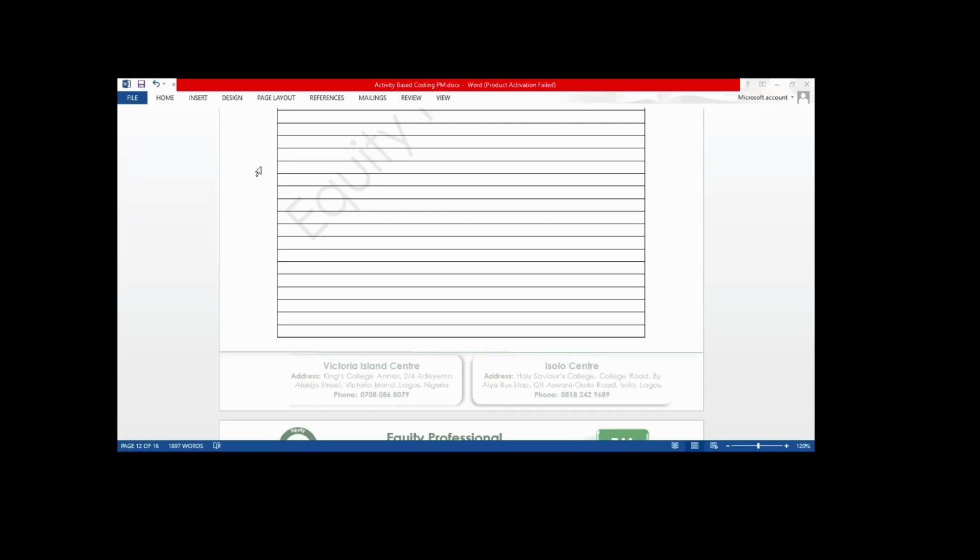At this factory, we manufacture Coca-Cola, Fanta, and Sprite. We have incurred factory rent of 1 million naira. How do we apportion this 1 million naira to these products? This factory rent cannot be traced to a specific product. You cannot trace it to Coca-Cola or Sprite or Fanta.